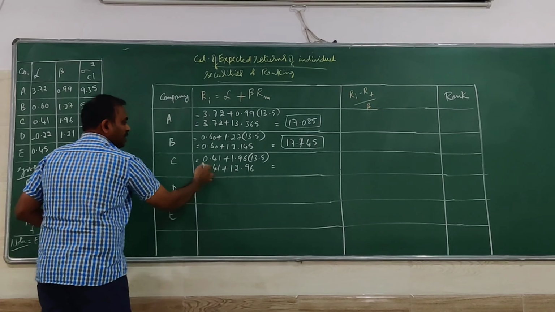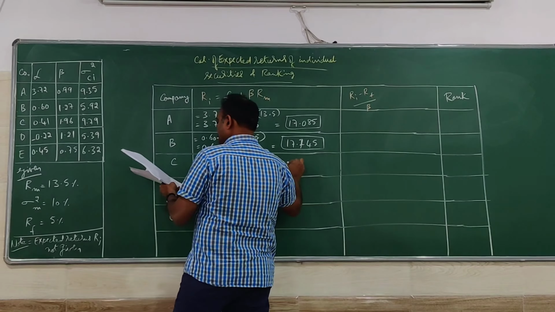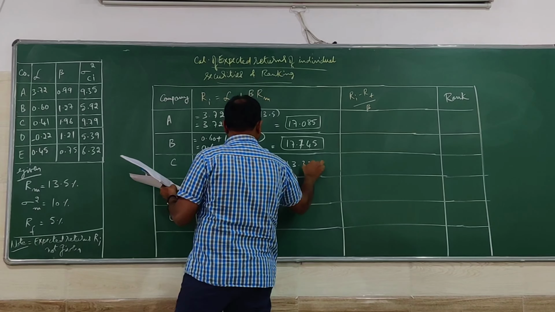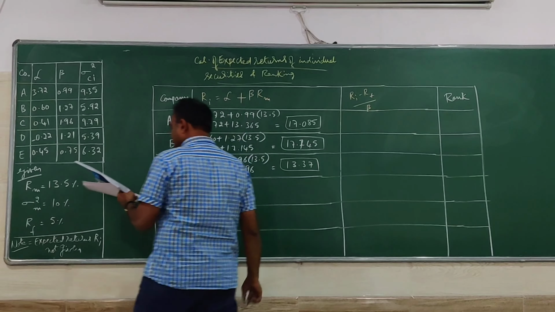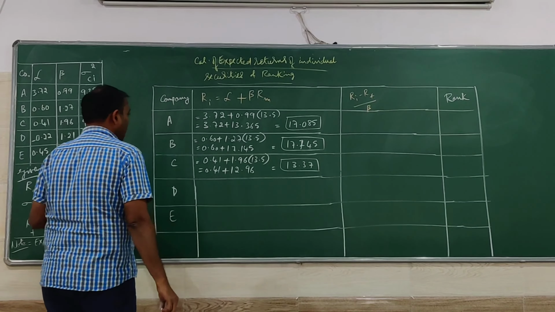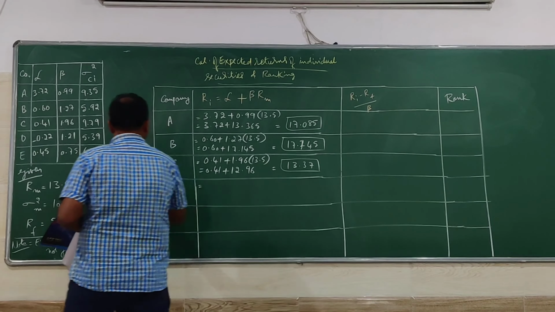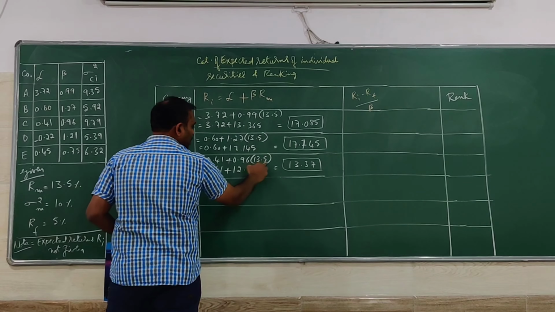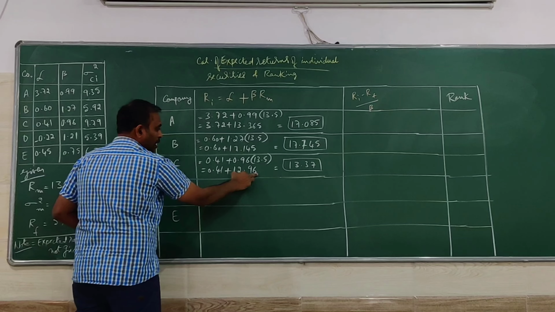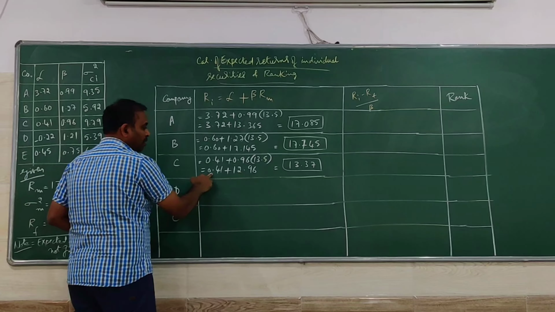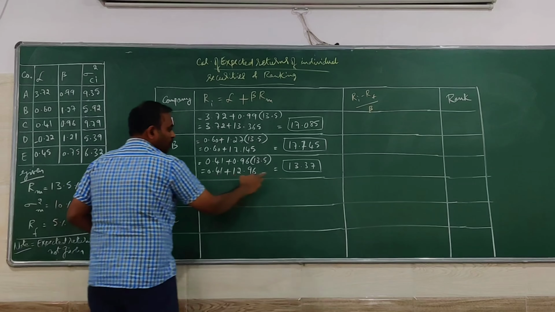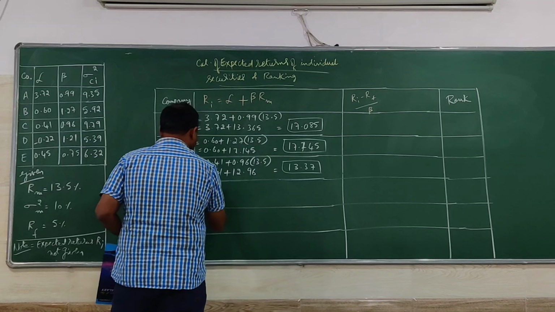So we have to add these two values. We'll get 13.37 for C. We add that value 12.96 to 0.41, we get 13.37.